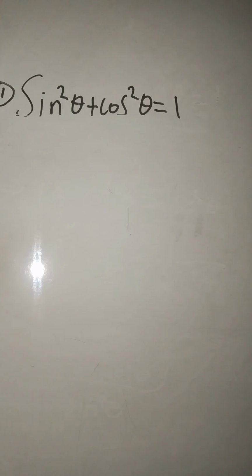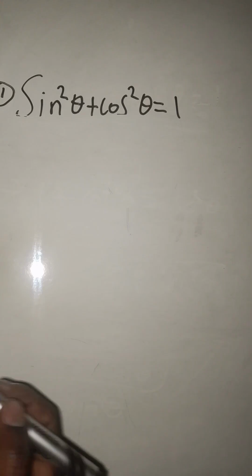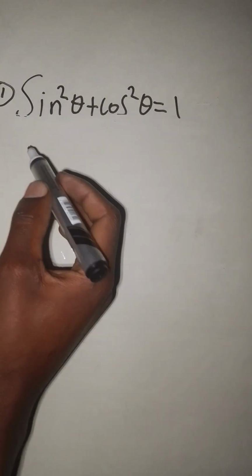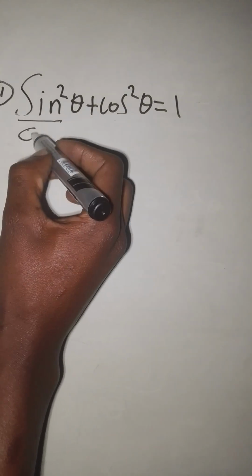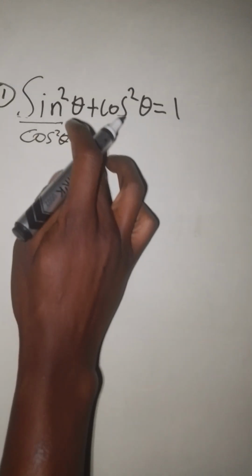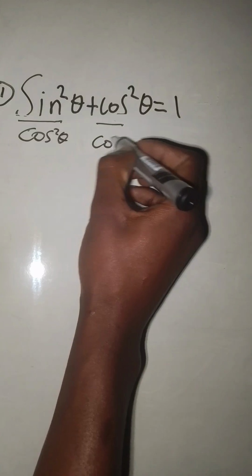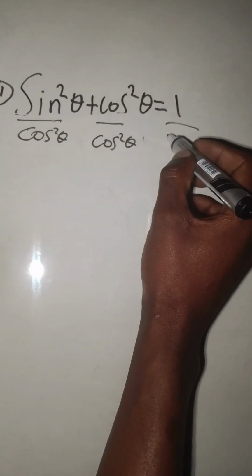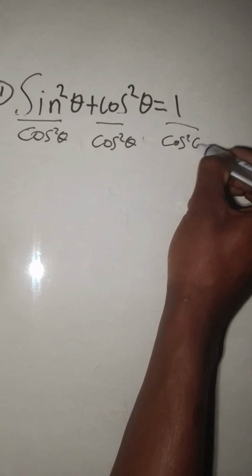Okay, so from the same basic one, we can still derive another one. Let's divide everything by cos squared theta.